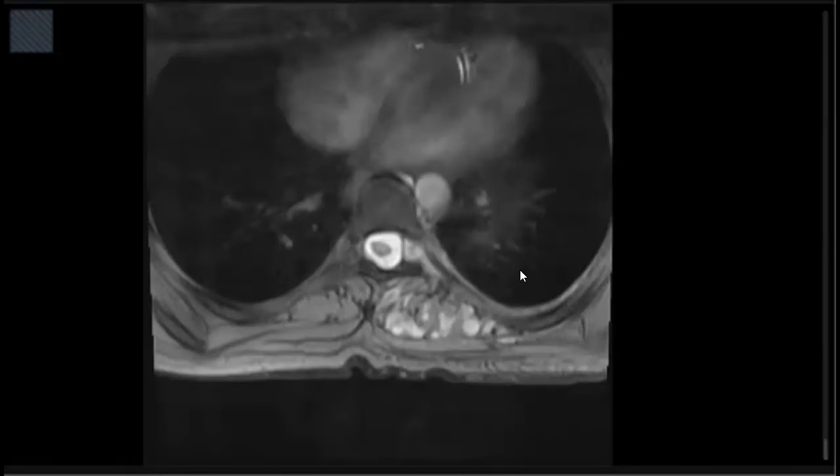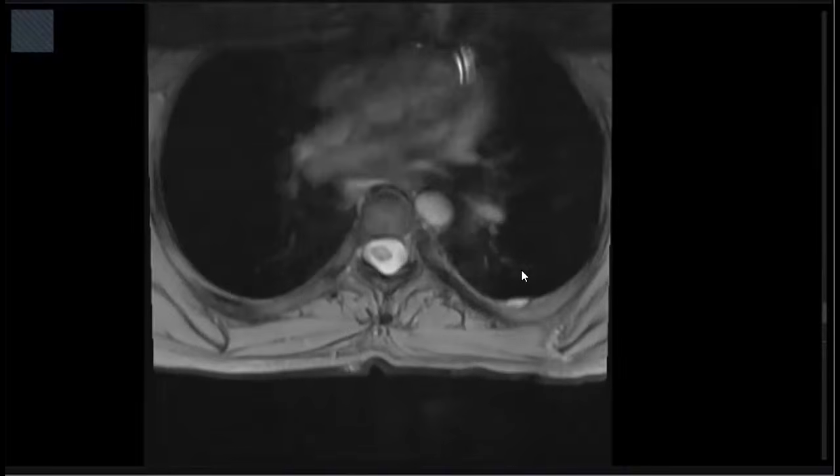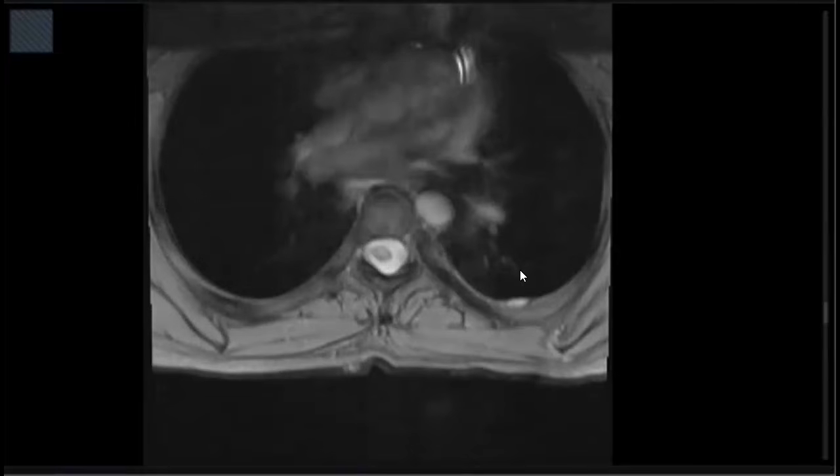Hyperintense signals are seen. These nodules could represent neurofibromas, and this is one of the lesions going outside the neural foramina on the left side.